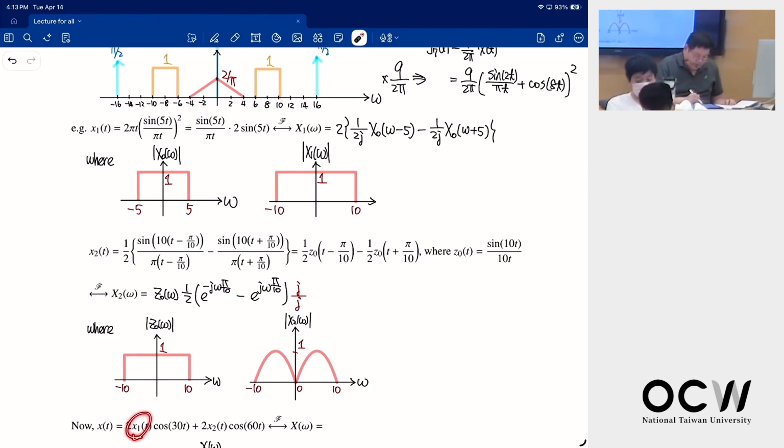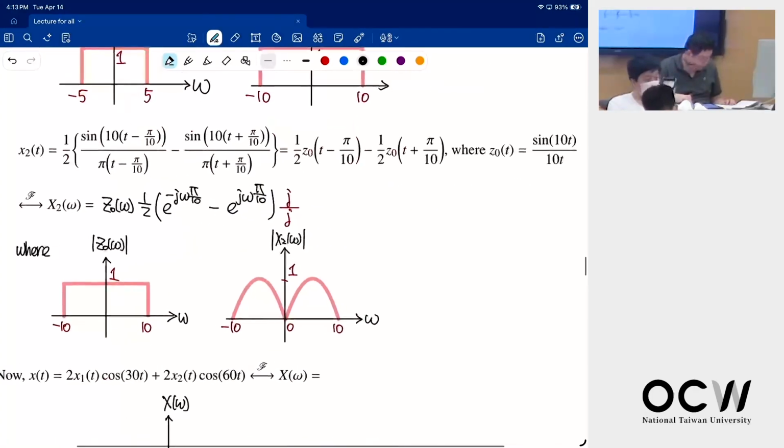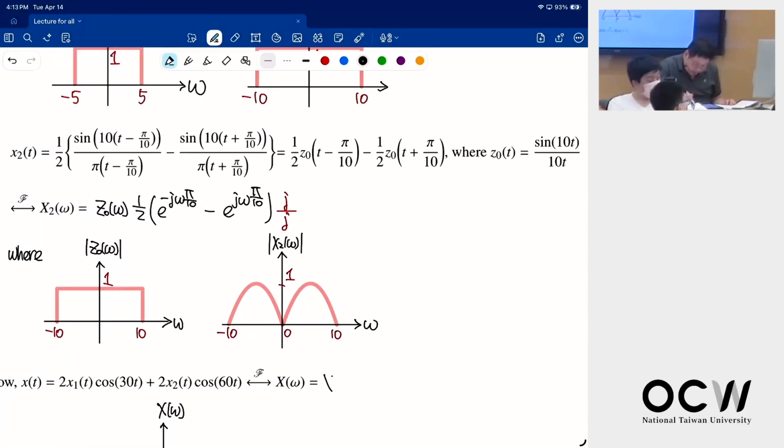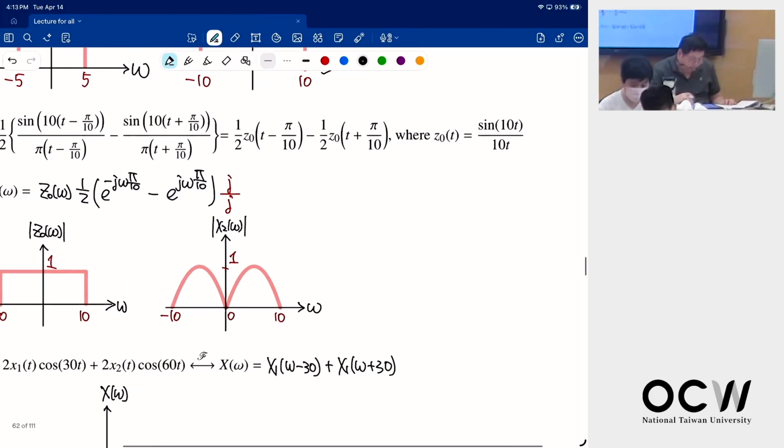First, I do the modulation, shift by 30. So for x1, the x1 is like s1, shift to the left and shift to the right by 30. And how about x2? The x2, I also shift to the left and right by 60.